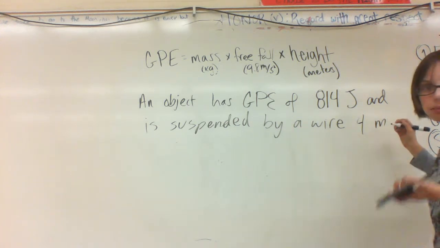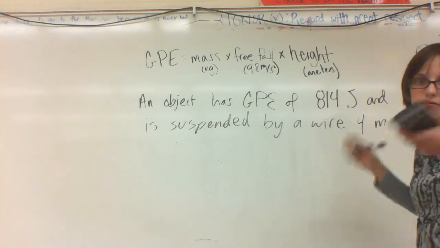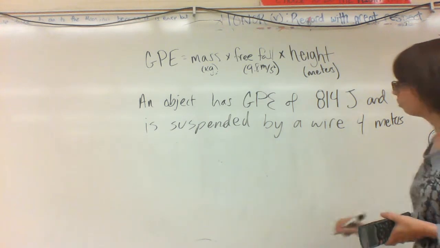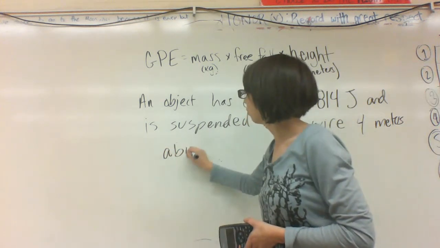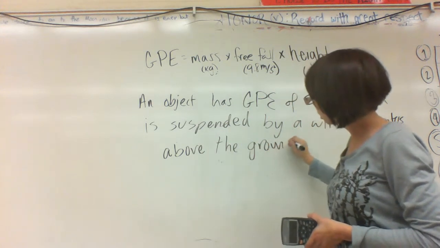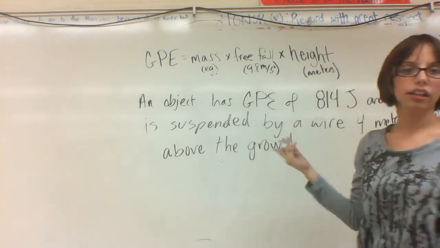I'm just making up these numbers off the top of my head. If you want to practice, just make up your own problems. This is a question it would be plausible to see on an exam.